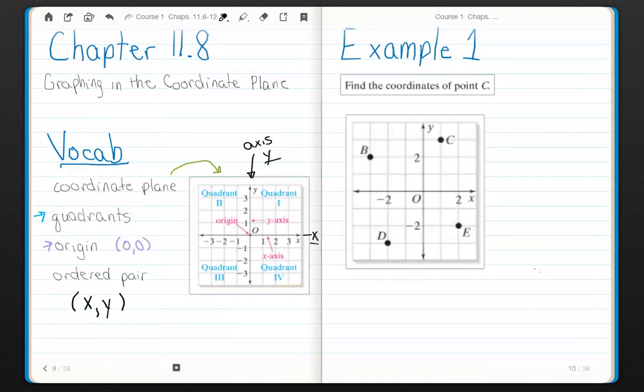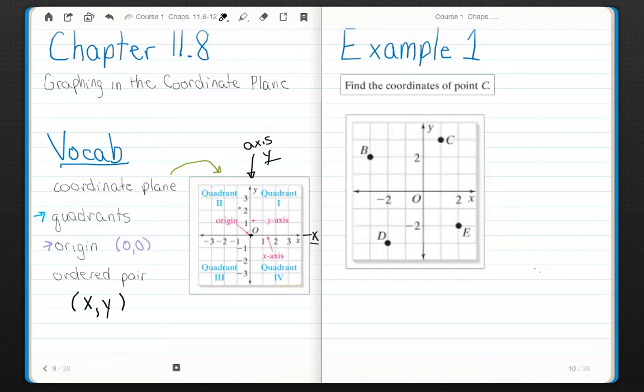If you look at these axes, you notice we have 0, 0, or the origin, right here in the center. As we move up the number line, we count positively, 1, 2, 3, 4. Notice also that the numbers are on the lines of the graph, not in the spaces.